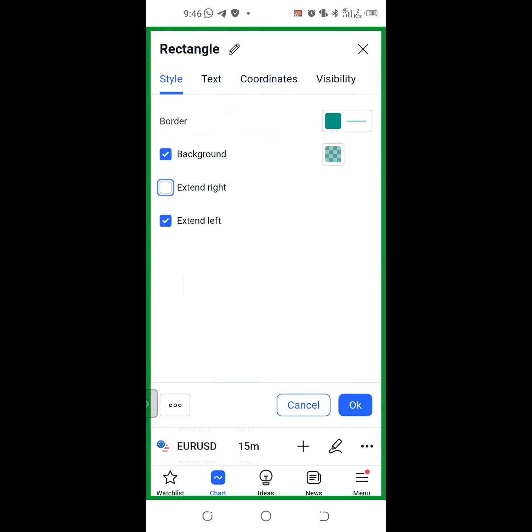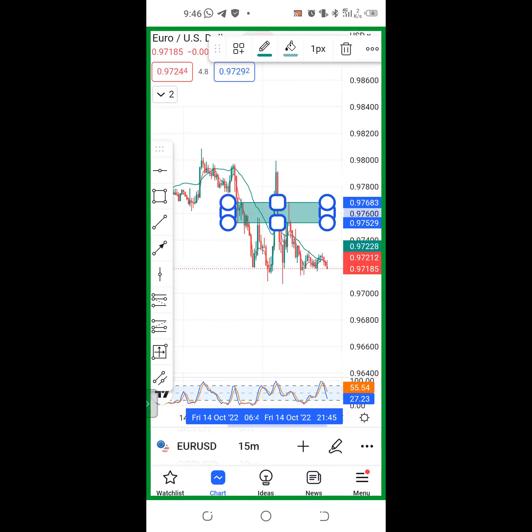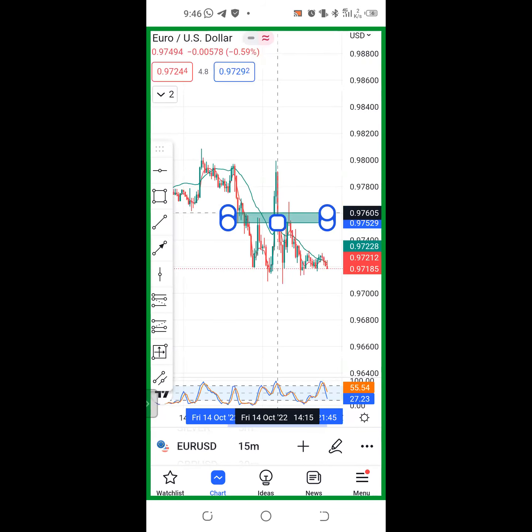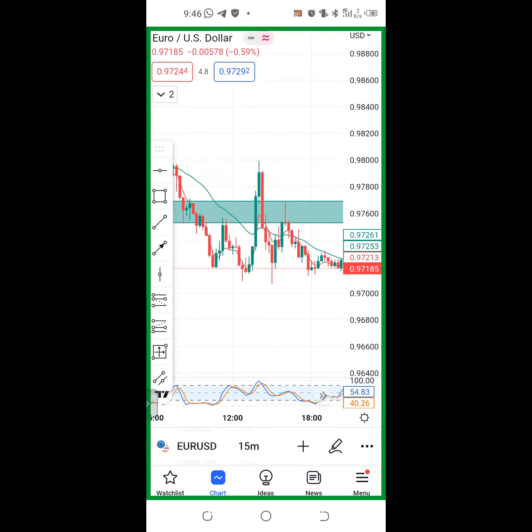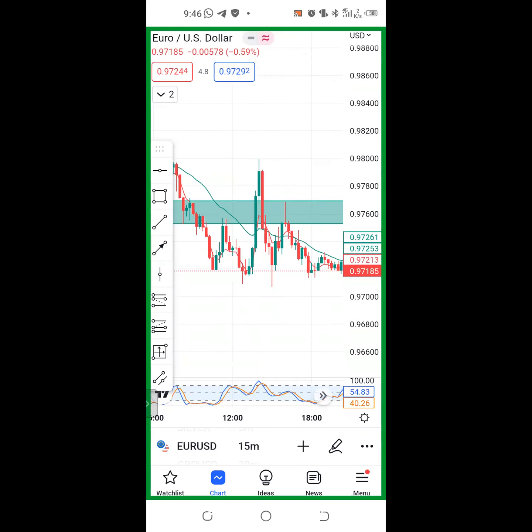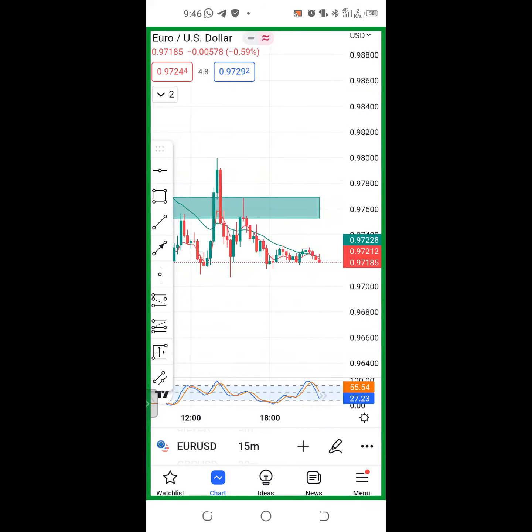Let me remove the extension. All right. This is what I'm doing now. Now, if you do it this way, I'll tell you what will happen. It makes the price get to your entry. You clear up your entry and all that. Okay. So now I'm drawing the second one.